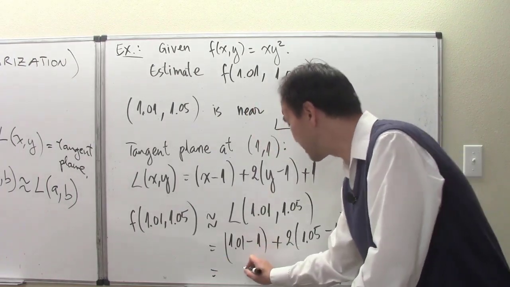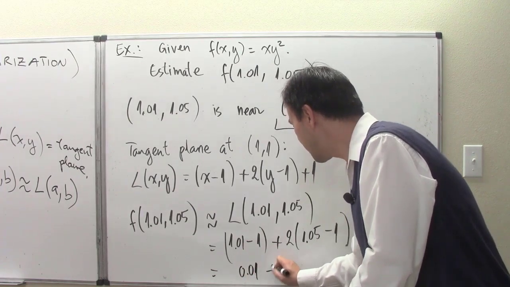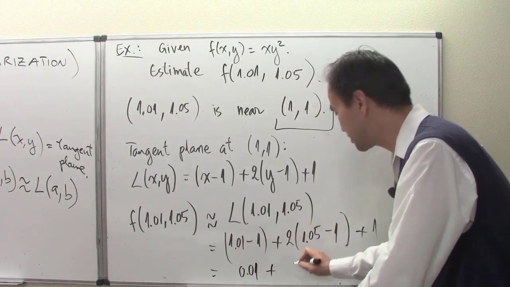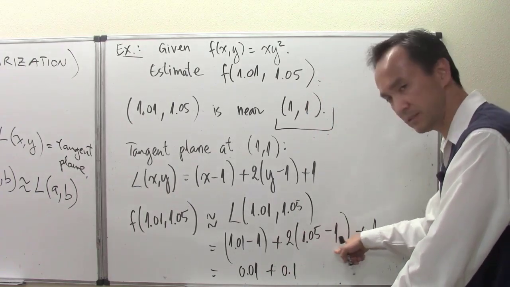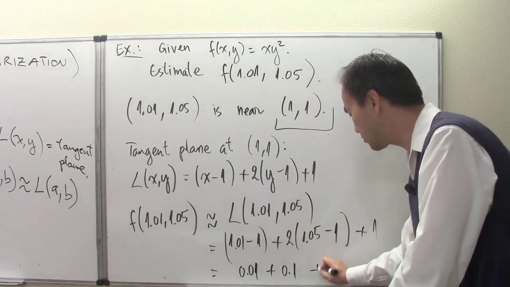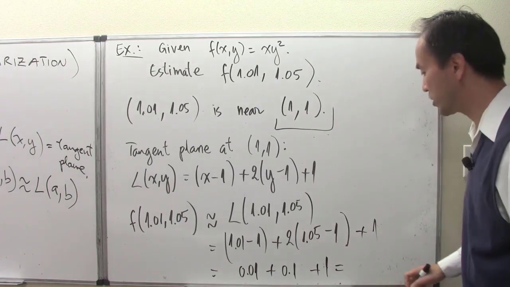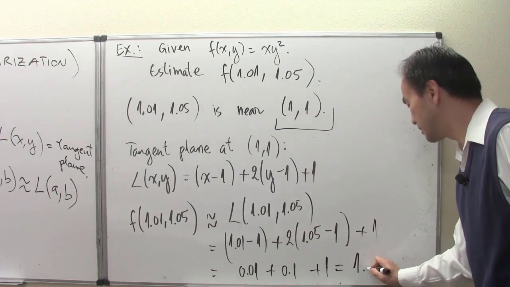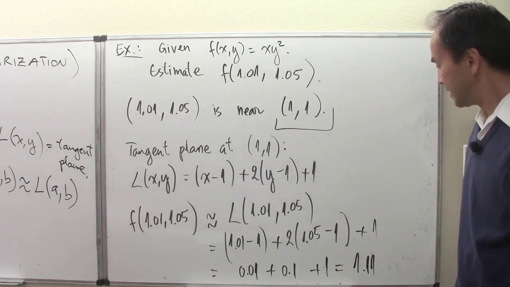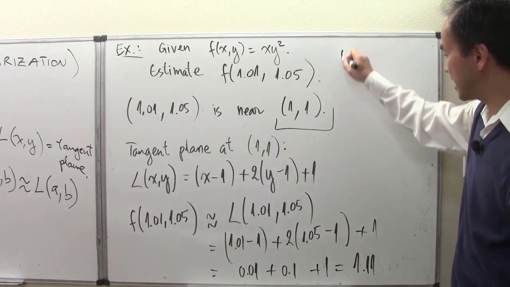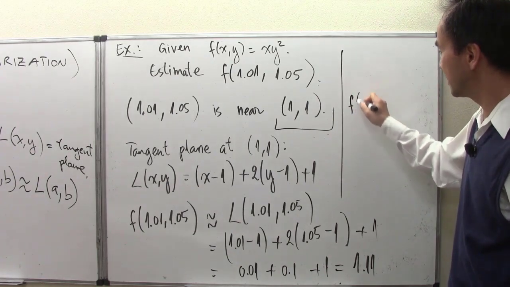This is 0.01, plus 0.05 times 2, which is 0.1, and plus 1. So my final value is 1.11.